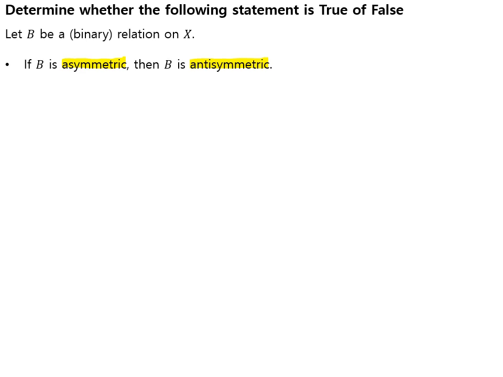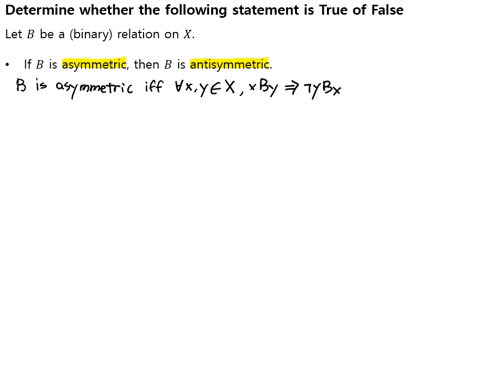So remember that a binary relation B is asymmetric if and only if for all x and y, the fact that x is related to y implies that y is not related to x.